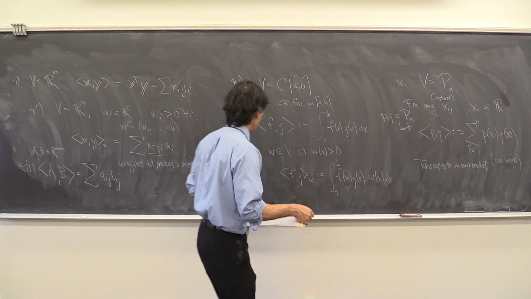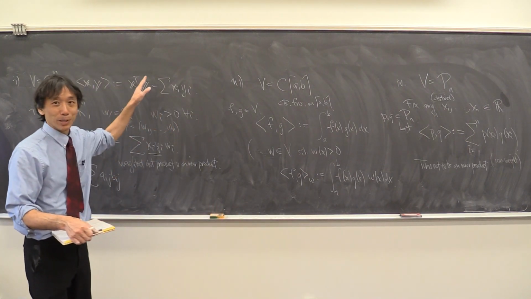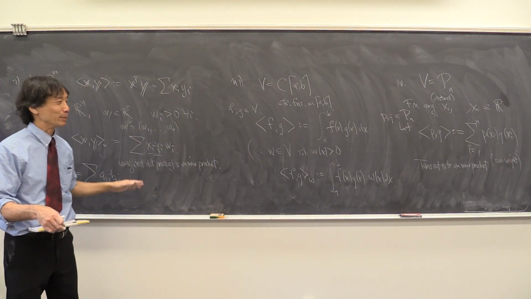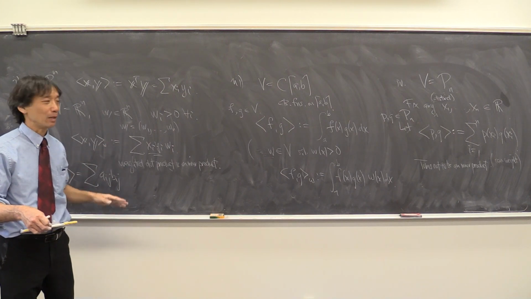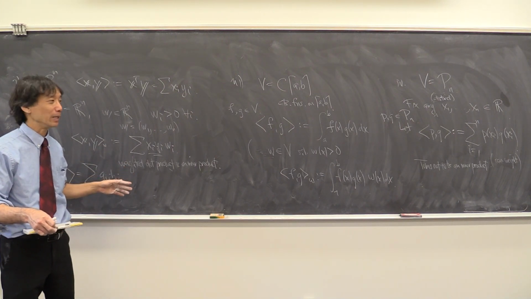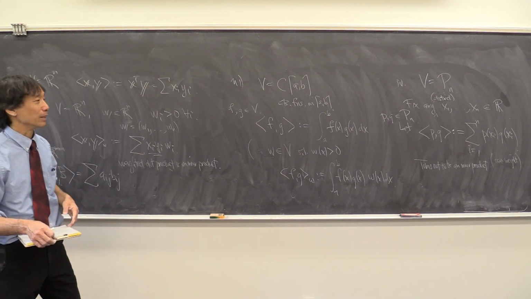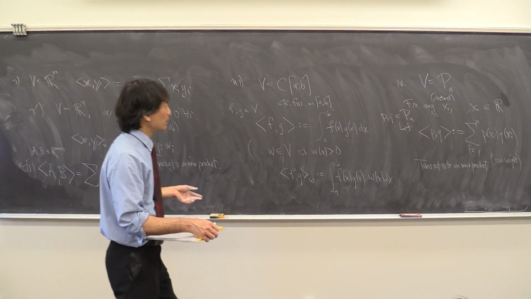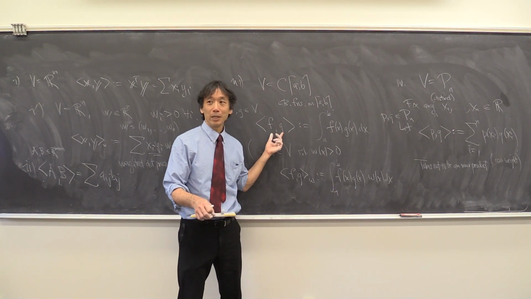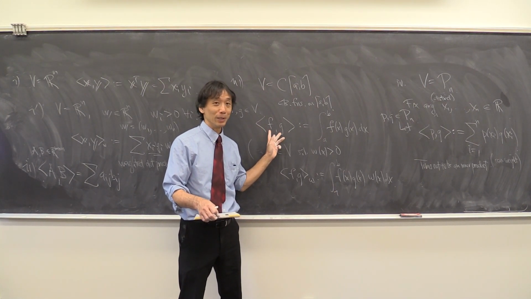So I'm kind of cheating you here because I'm just saying this is an inner product, that's an inner product. All of these things need to be checked, to see that they actually satisfy the three properties. Some of it's kind of obvious. If I switch the order here, does it change things?